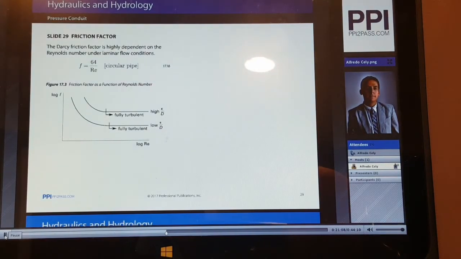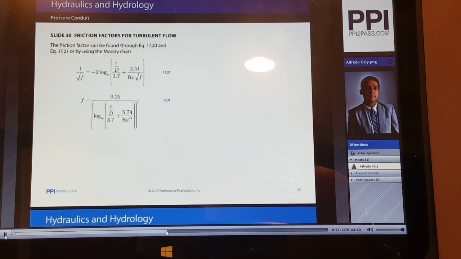So we looked at the friction factor for laminar flow. Now let's look at the Darcy friction factor for turbulent flow. The equations shown here are only two examples of many that are used to solve for the friction factor under turbulent flow, which can typically be an iterative problem. Equation 17.20 is also known as the Colebrook equation and is the most commonly used equation.